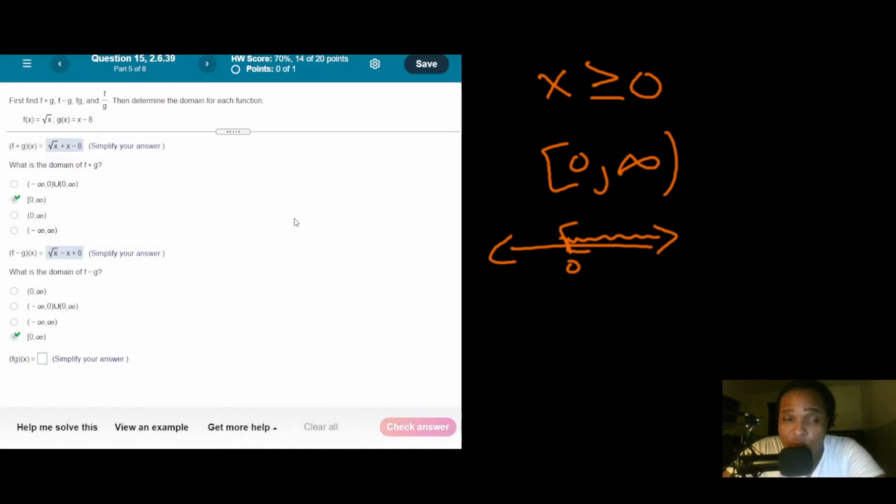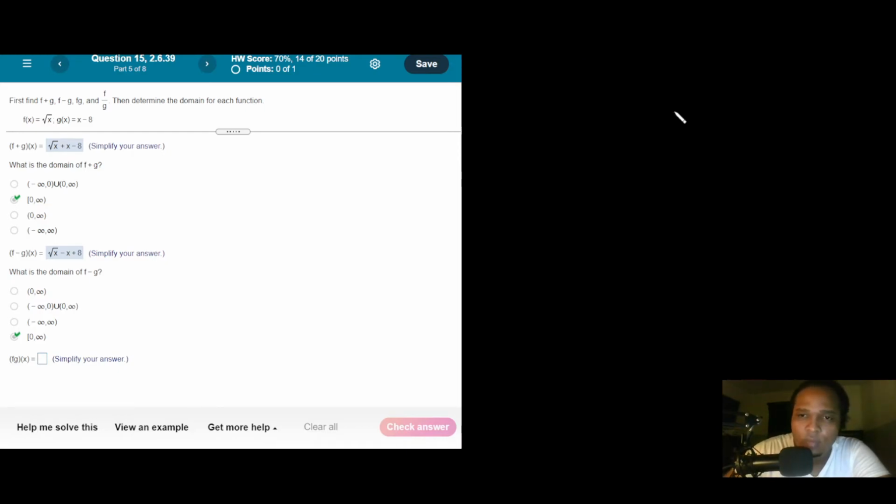Now we're going to start multiplying. So to multiply these two functions, you're going to have the square root of x. Remember, we're multiplying here. The square root of x times, and we can put a times here. We're not going to use it, but I'm going to show you. We're going to put times, and then we're going to put the x minus 8 in parentheses like that.